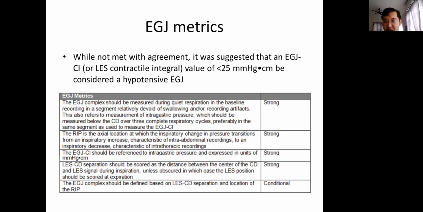Although there's no standardized definition for the pattern of the EGJ complex, type 1, type 2, of course we are familiar with EGJ type 1 being normal, type 2, and type 3, 3A and 3B. Over here, they didn't really mention anything except for the position of the respiratory inversion point in relation to the crural diaphragm.